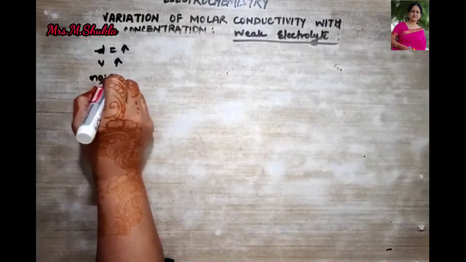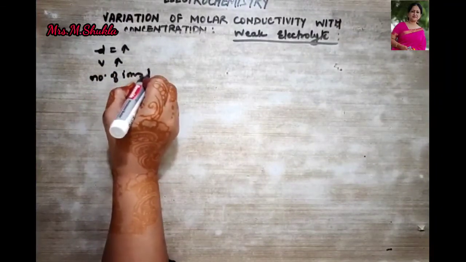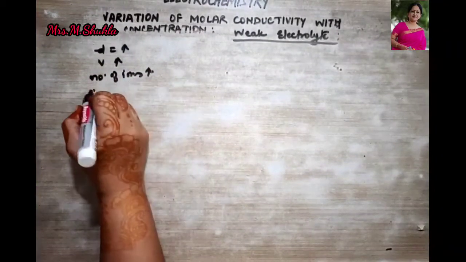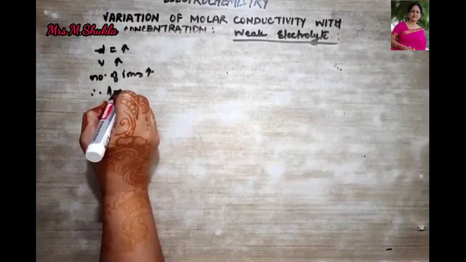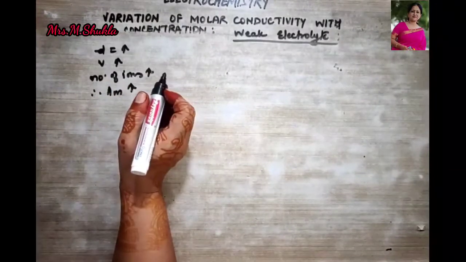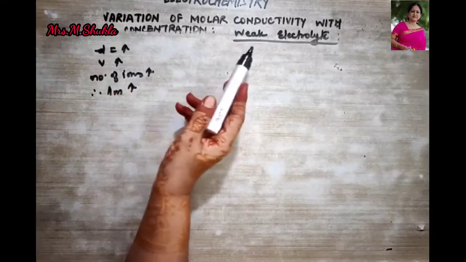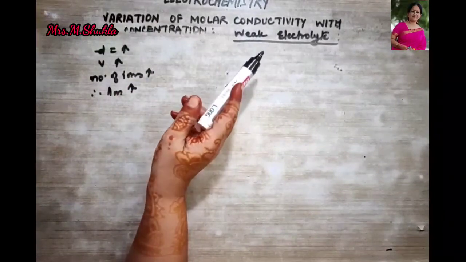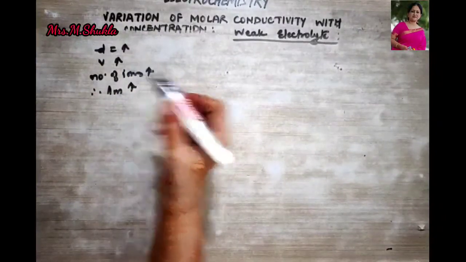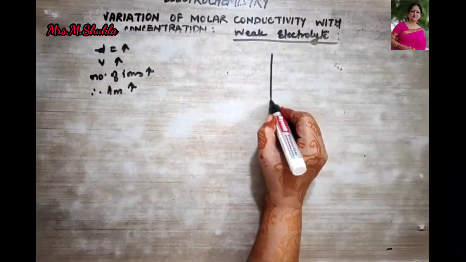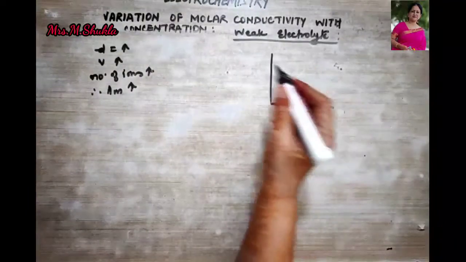Then the number of ions also increases, therefore your molar conductivity also increases. Now in such a weak or dilute solution, what kind of graph are we going to obtain? We are going to obtain a hyperbola graph.